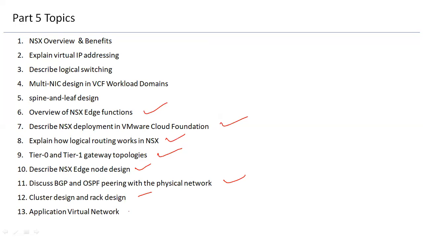However, we'll be covering this a little bit early under the Edge sections itself. Then application virtual networks, an important topic, where application virtual network is primarily a mandatory requirement in the environment where you are deploying VMware Aria Suite.